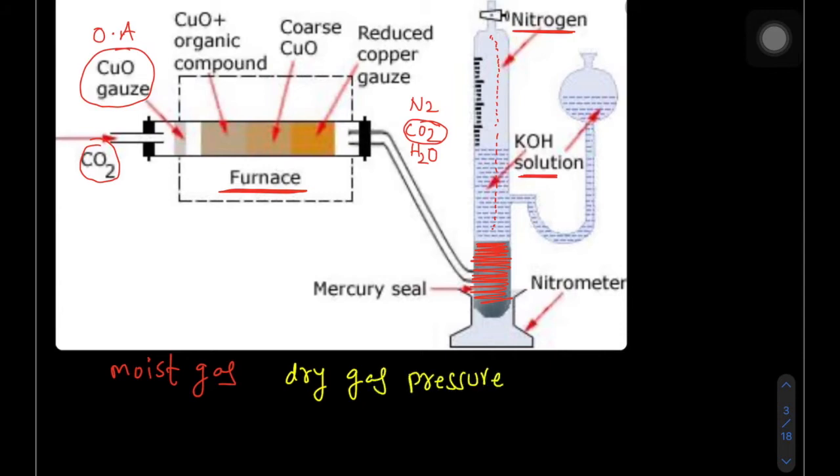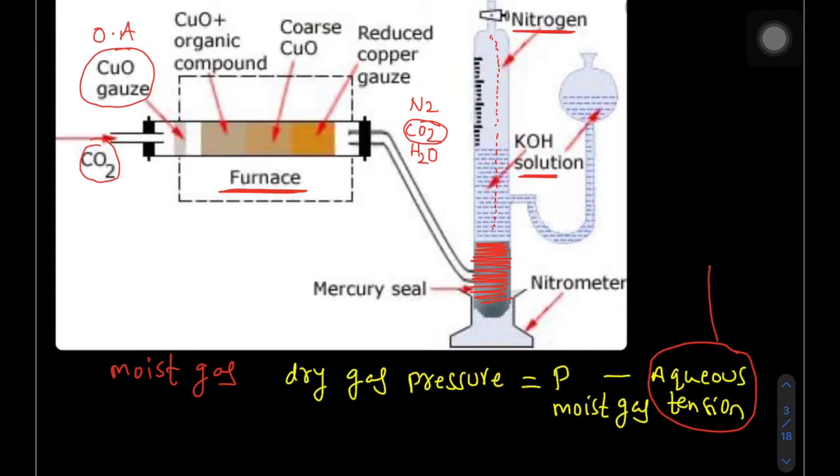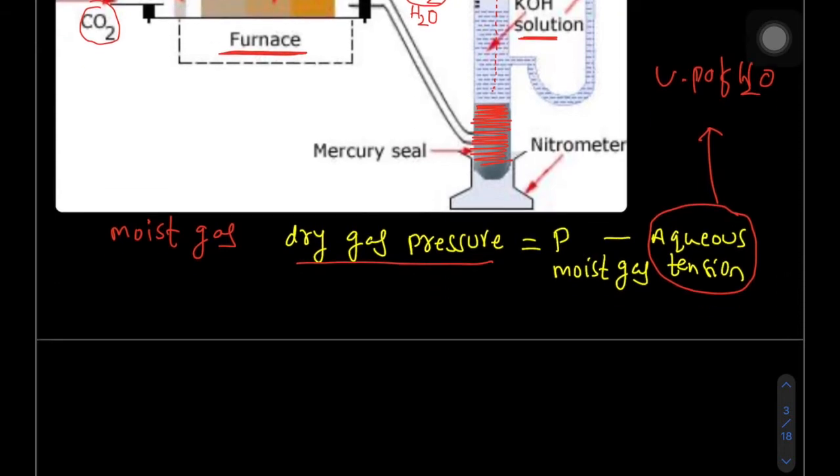Dry gas pressure will be equal to the pressure of moist gas minus aqueous tension. What is the meaning of aqueous tension? It is the vapor pressure of water. Now we have to calculate only the pressure of the dry gas alone. So total pressure minus aqueous tension, we will get only the pressure of the nitrogen gas.